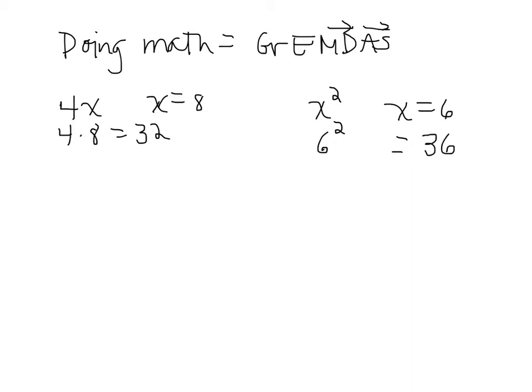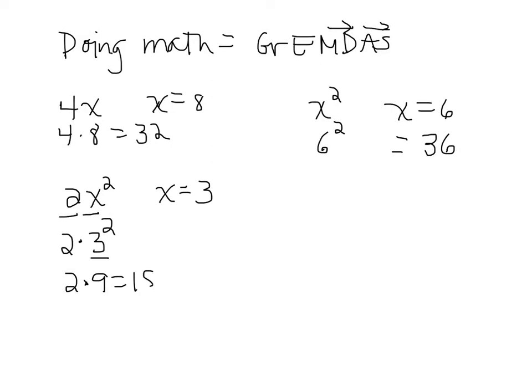Here's where it gets a little bit tougher. If I say 2x squared for x equals 3, lots of kids say, okay, 2 times 3 is 6, and 6 squared is 36. However, if I show replacement and I show 2 times 3 squared, it's clear that I need to do the exponent first. 2 times 9 is 18.